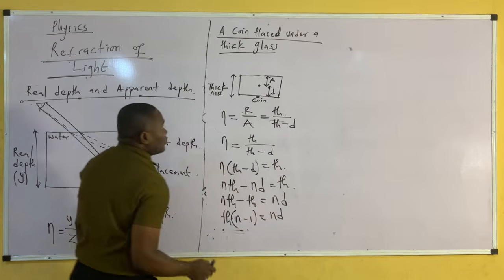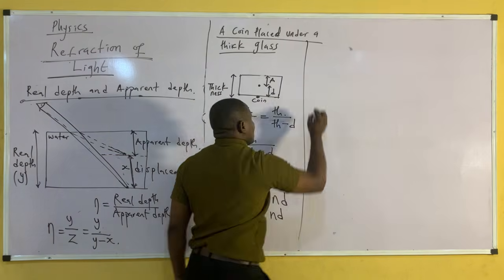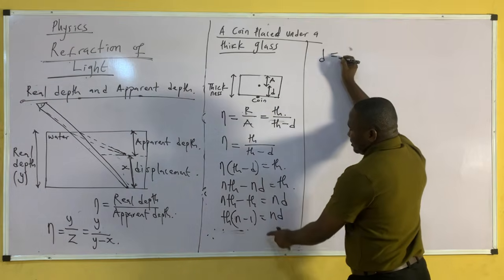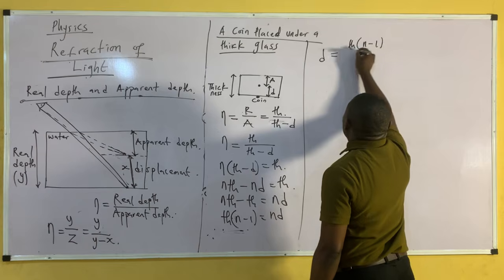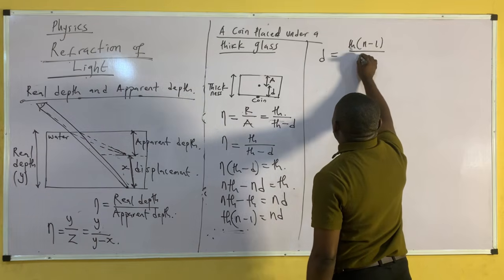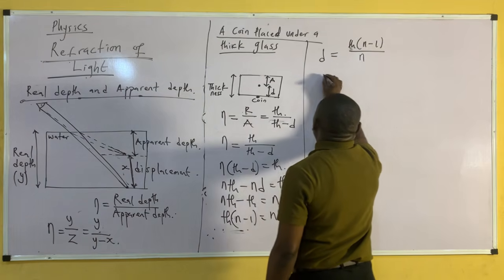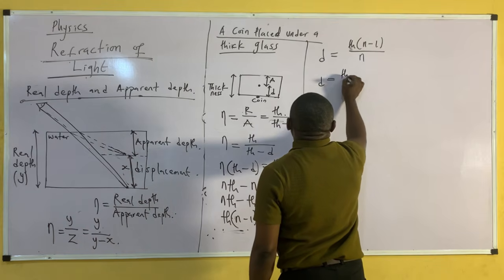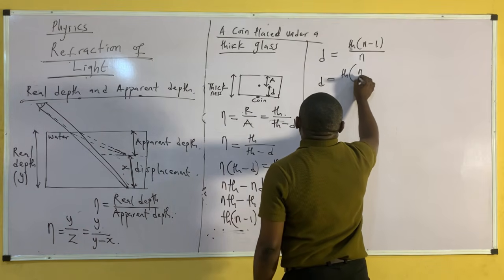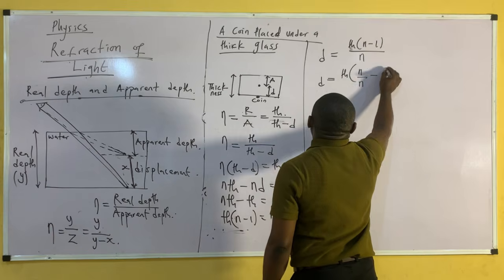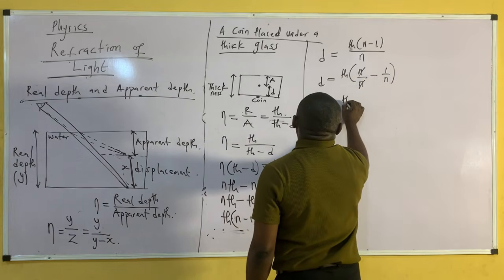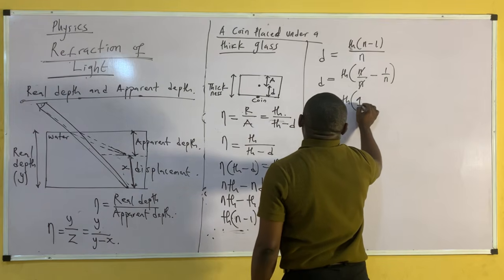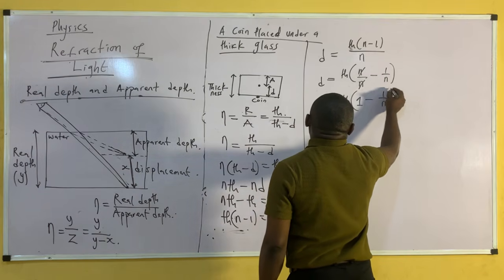Displacement is now equal to thickness, open bracket, n minus 1 over n. This can also be thickness, open bracket, n over n minus 1 over n. This cancels this, so displacement is thickness, open bracket, 1 minus 1 over n.